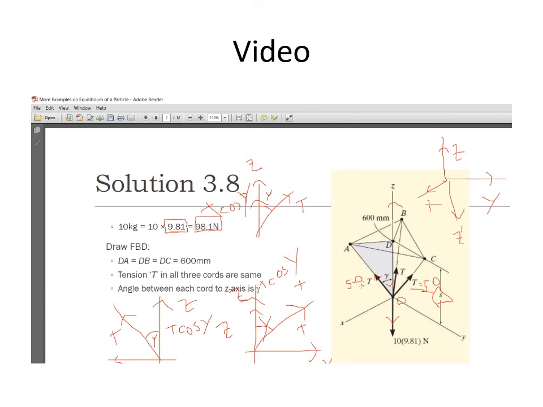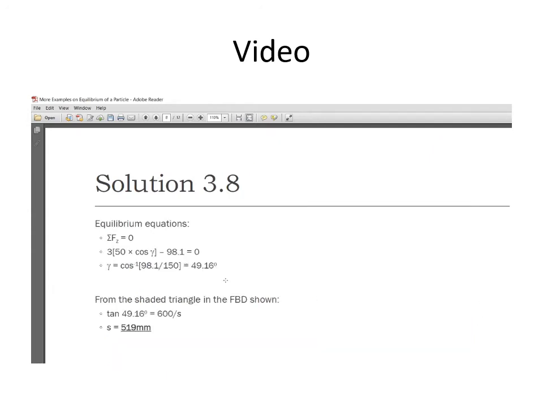So by summing up all these forces, we can get to this equation. One of the noticing factors is that the weight force is negative, because weight was acting in the negative z axis, which was downward.